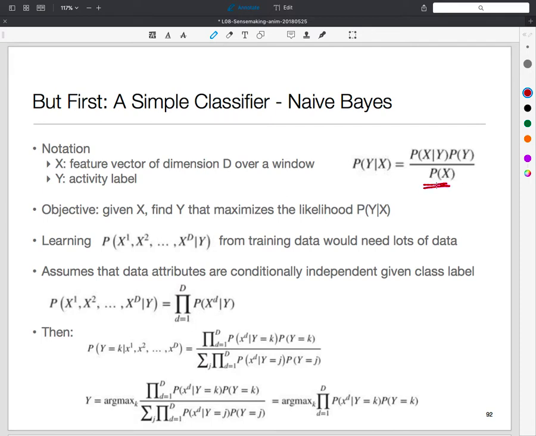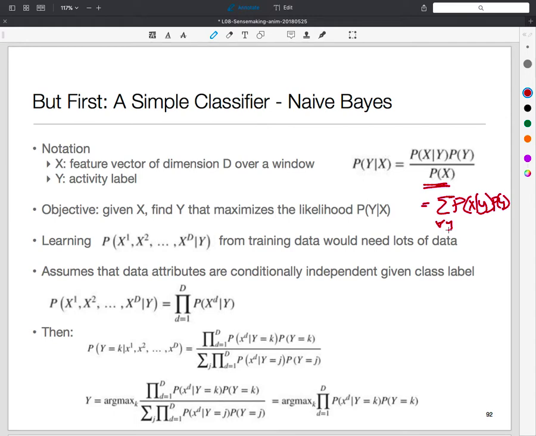This term is equal to the sum over all y. So that's what the bottom term is. And what we are looking for is the y that we want, that k which maximizes this expression, right?